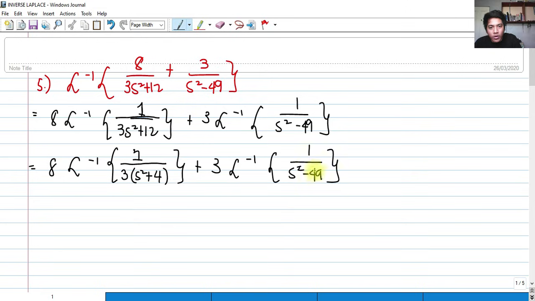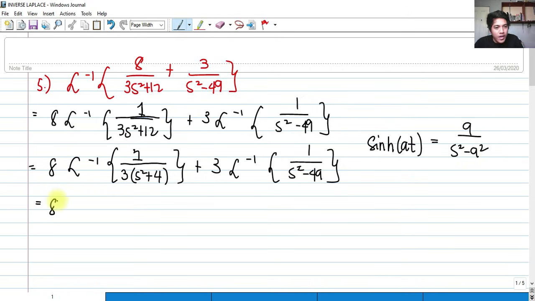By the way, this is already a minus, so it indicates that this should be hyperbolic sine, because the inverse Laplace of hyperbolic sine would be a over s squared minus a squared.